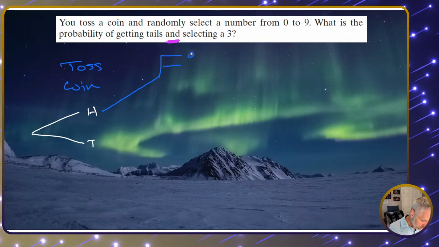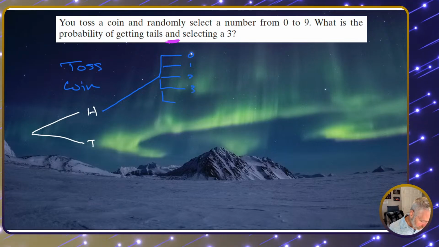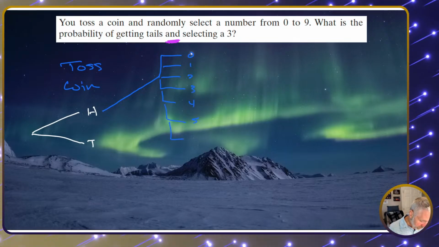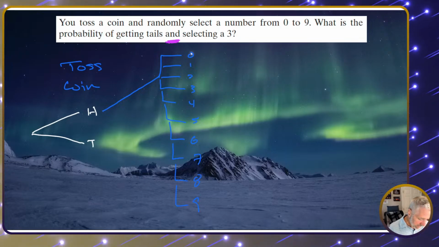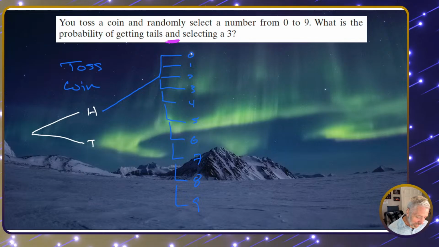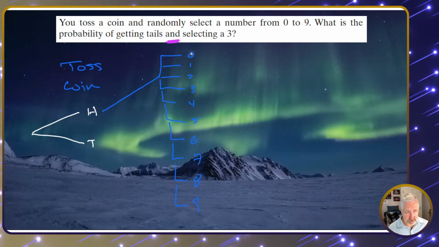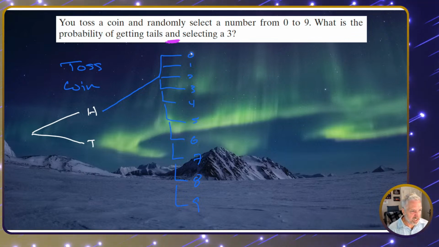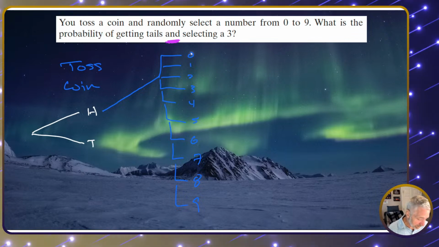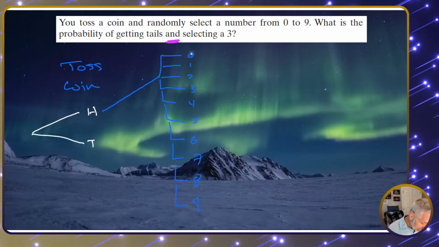So 0, 1, 2, 3, 4, 5, 6, 7, 8, 9. That's okay. So in other words, off of that tail, I can get one of those other outcomes that come from randomly selecting a number. If I go out from tails, it's going to be the same thing.